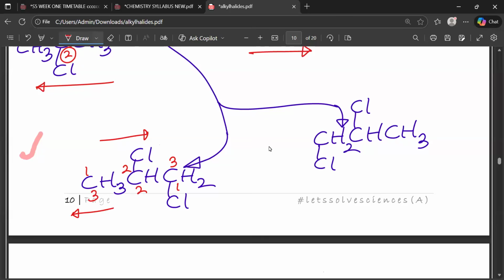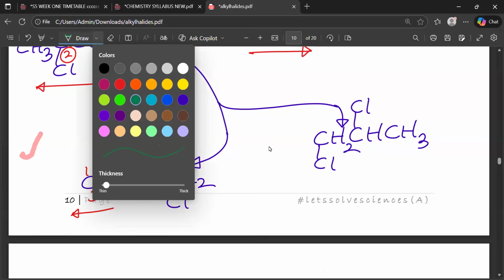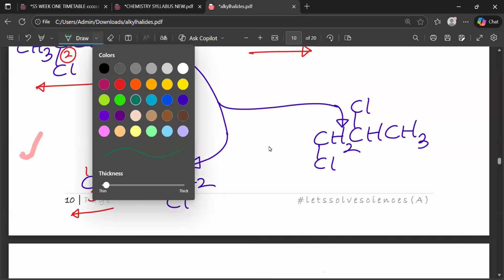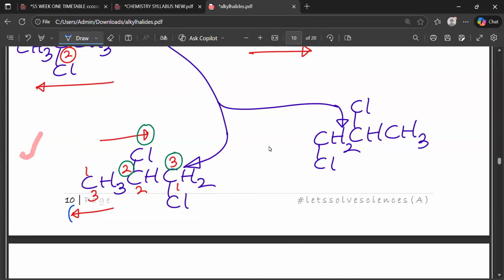So I'm supposed to take the direction of the lowest sum. So when I consider this direction in green, it will be 2 plus 3, which is a 5. But when I consider this one in blue, it will be 1 plus 2, which is a 3. So this is a 2 plus 1, which gives me a 3.